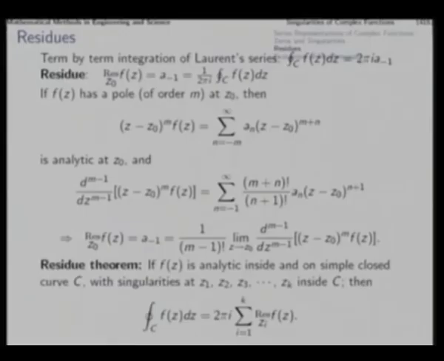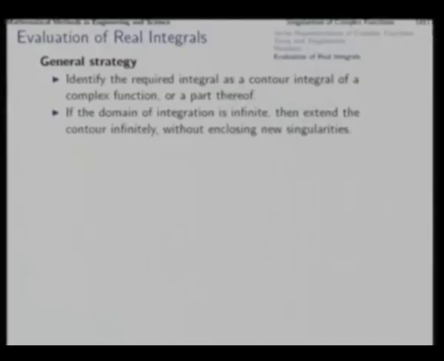Now this residue theorem, along with this definition of residue, is very important in the evaluation of quite a few very important real integrals. So the general strategy in evaluating such real integrals is to identify the integral in the form of a suitable contour integral of a complex function or a part of that.